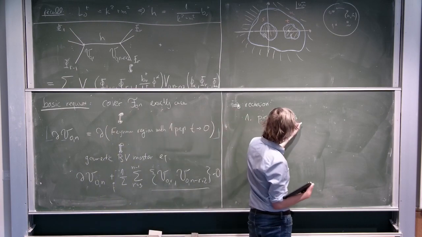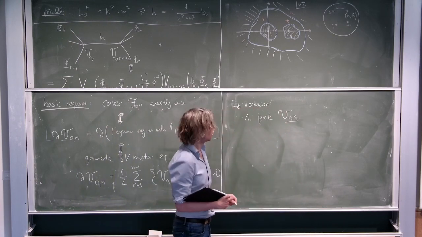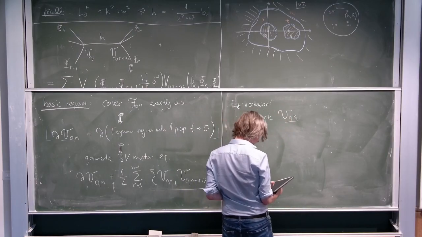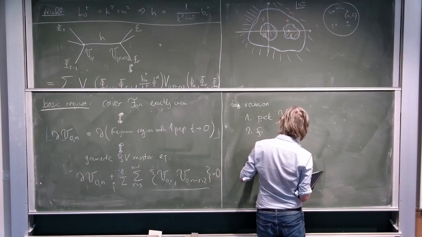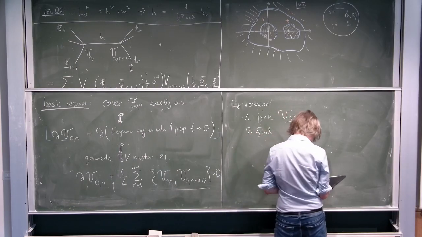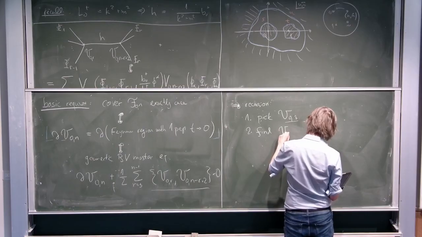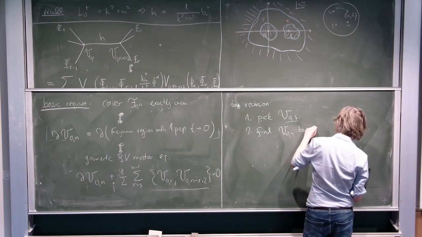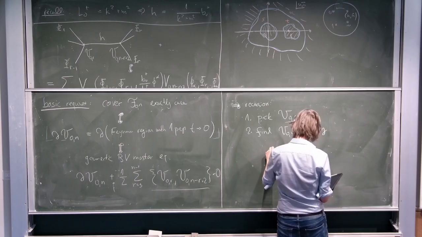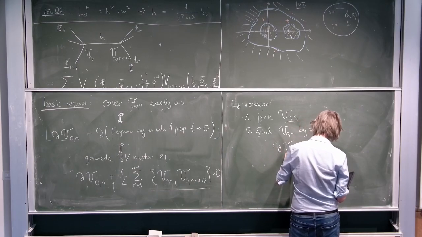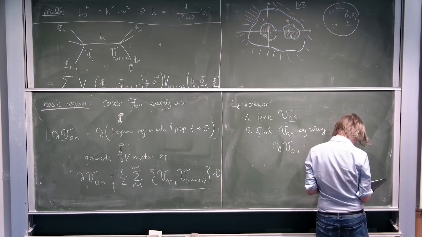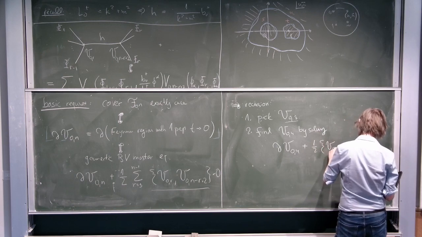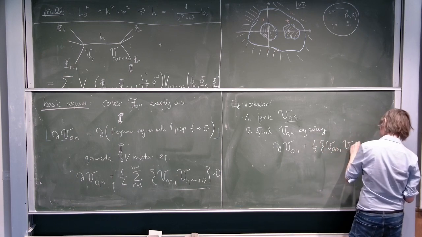But since we know that this is a zero-dimensional moduli space, that should just amount to making a choice. And then the geometric BV master equation tells us that in order to find V04, we have to solve an equation: boundary of V04 equals half bracket V03, V03.